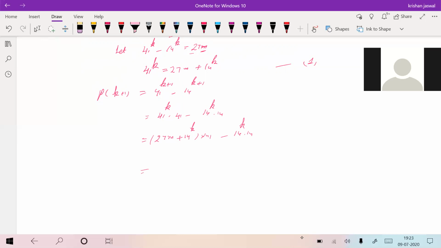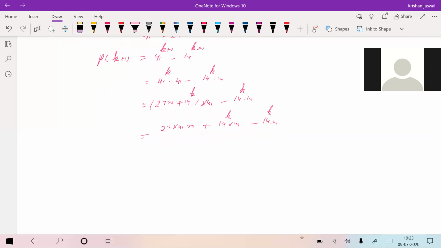Now multiply with 41: 27 into 41 into m plus 14 power k into 41 minus 14 power k into 14. Take 14 power k common: 14 power k into 41 minus 14, plus 27 into 41m. That is 27 into 14 power k plus 27 into 41m.